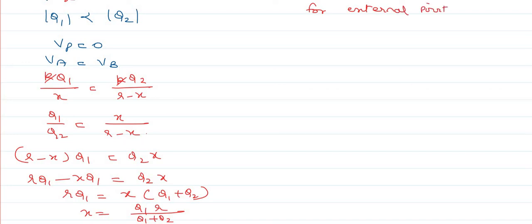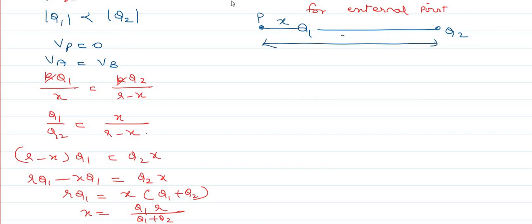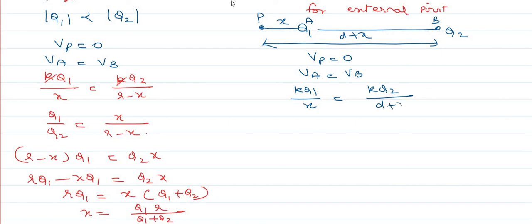For the external point also, we know that the neutral point will be closer to the smaller magnitude. Here Q1 is smaller. So the external point P is where the potential will be 0. So what is this distance? D plus X. So VP must be equal to 0. That is, VA will be equal to VB. I am not going to explain all those things. So it is simple: K Q1 by X must be equal to K Q2 by (D plus X).